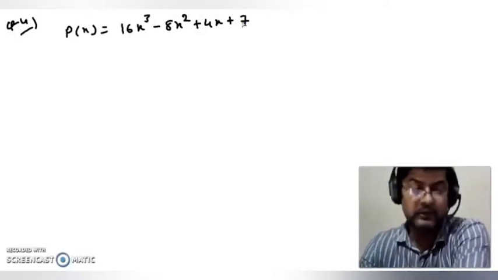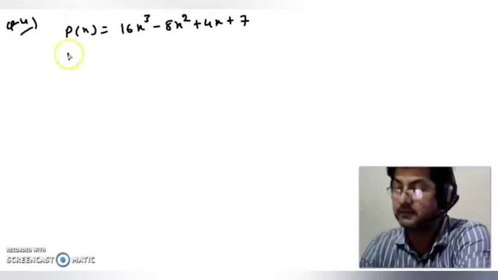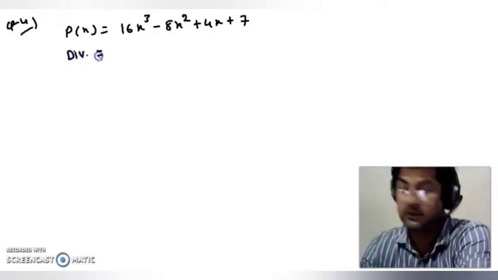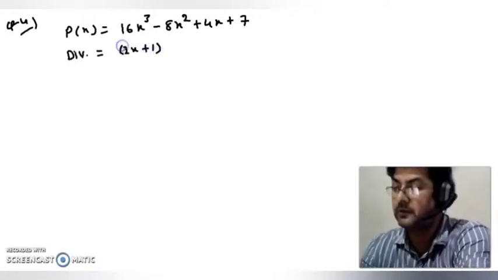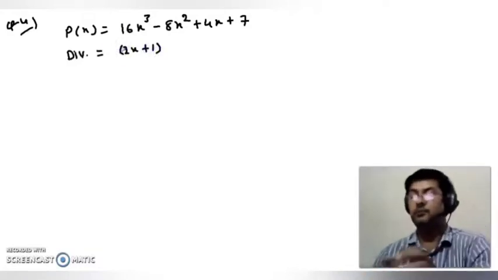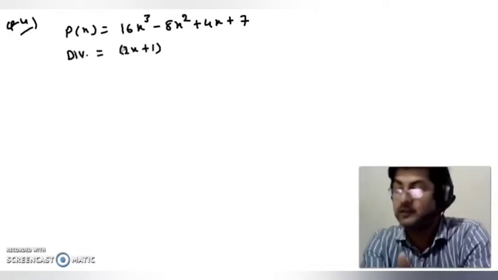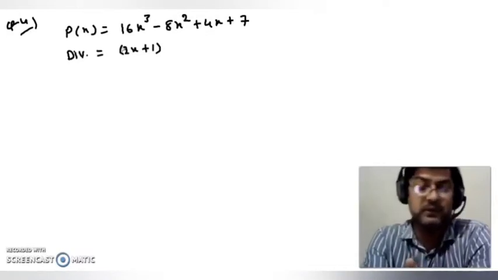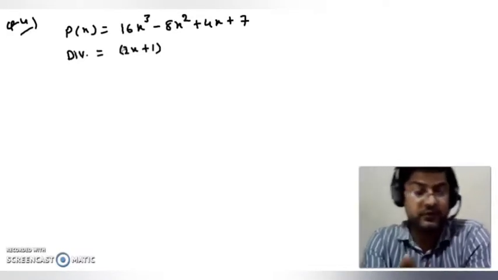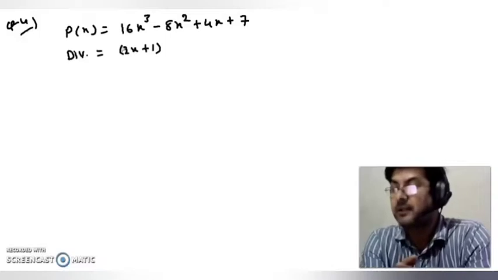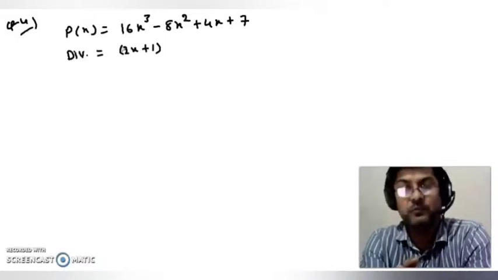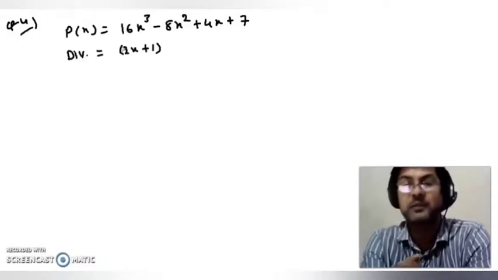Okay, and the divisor is given to be 2x plus 1. When you divide the polynomial p of x by the divisor 2x plus 1, some remainder is left. Yes or no? Now we have to find the number that must be subtracted from the given polynomial in order to bring the remainder to 0.